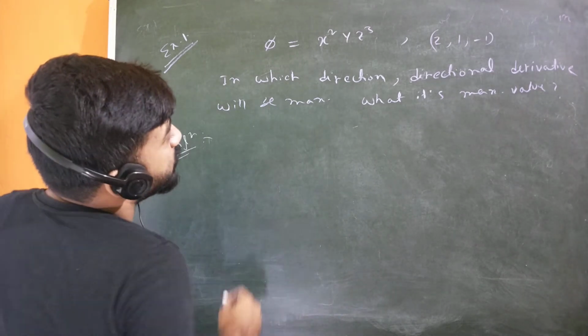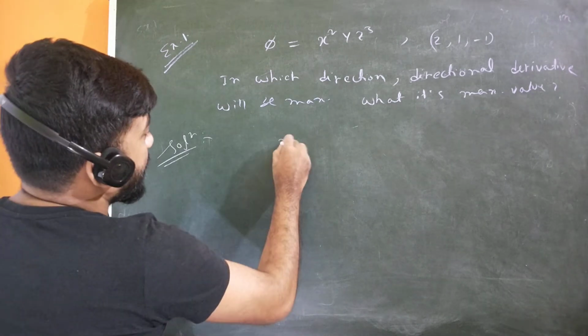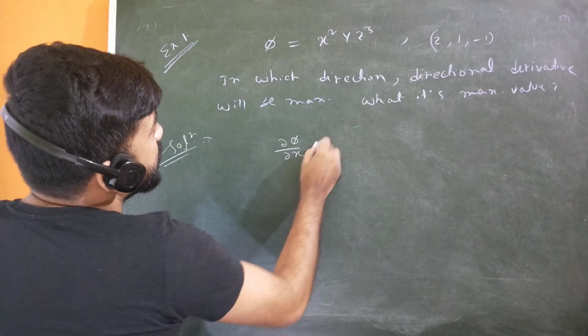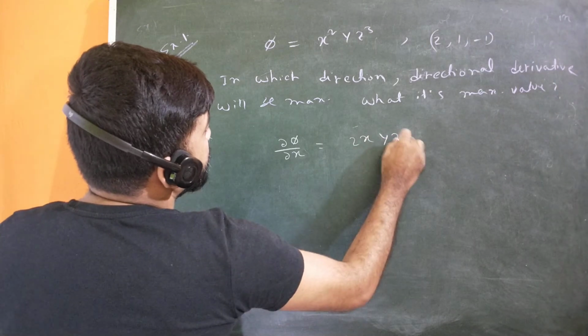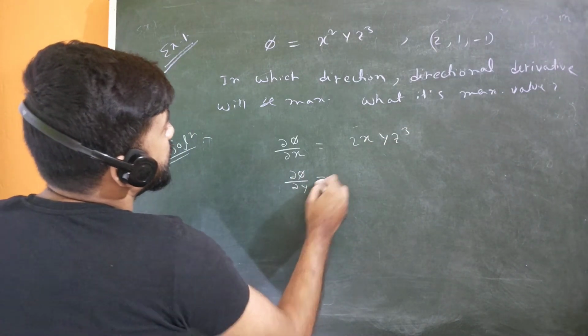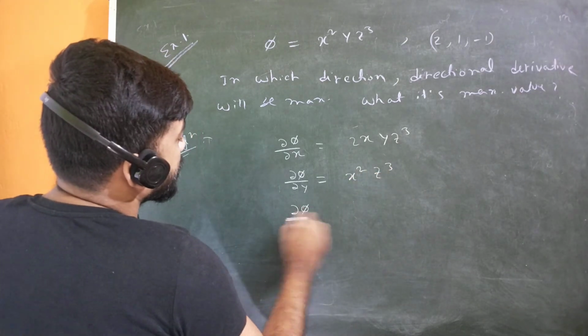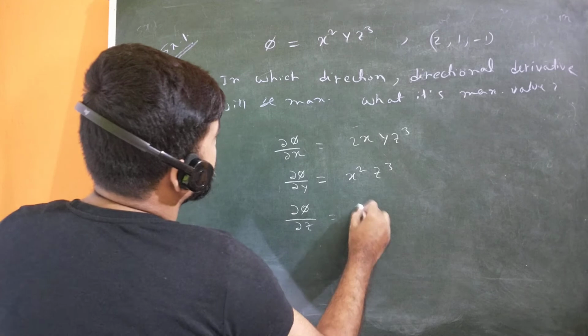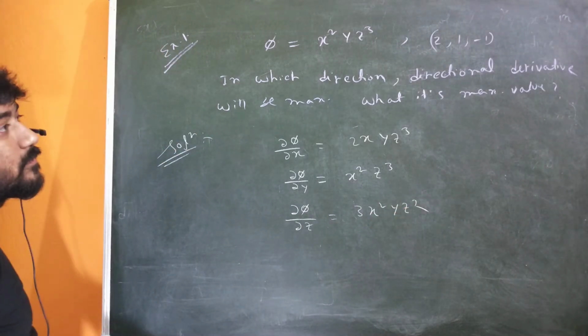To find grad φ, we have to find ∂φ/∂x, ∂φ/∂y, and ∂φ/∂z. So what is ∂φ/∂x? ∂φ/∂x is 2xyz³, and ∂φ/∂y is nothing but x²z³, and ∂φ/∂z is nothing but 3x²yz². Okay, now you have to put in the values.